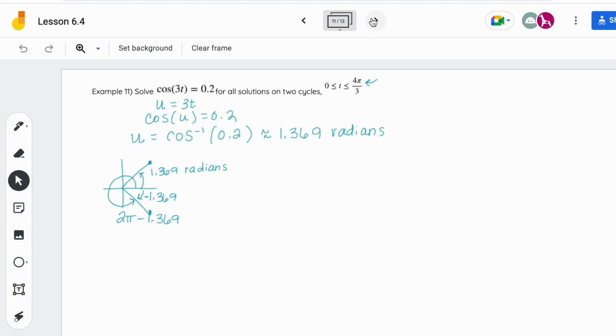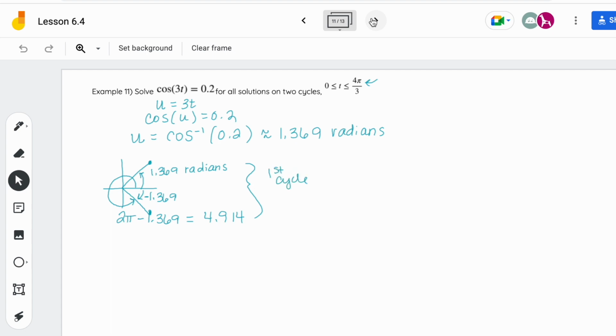And we would get approximately 4.914. So those are our 2 solutions. Also, we're looking for the second cycle. So these 2 are associated with the first cycle. We need to go around again.